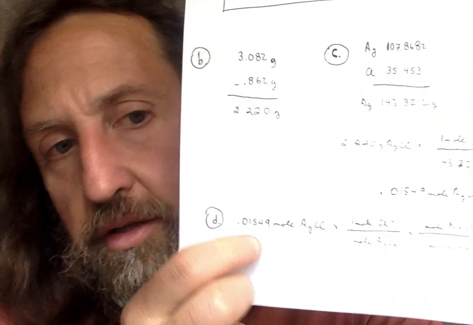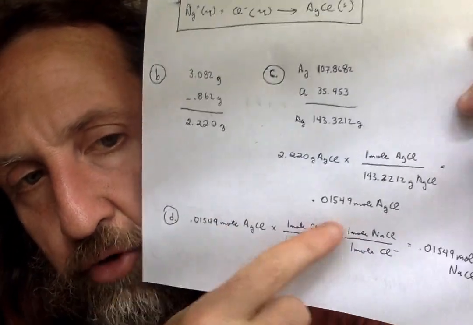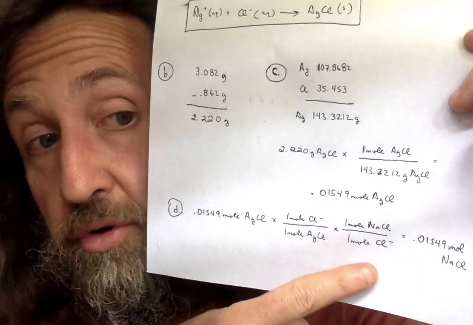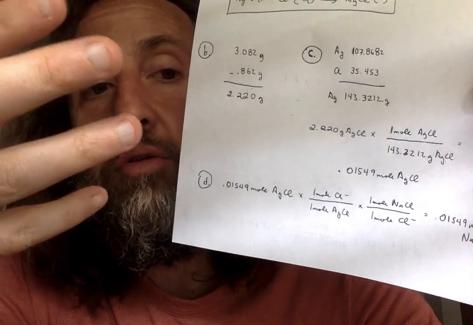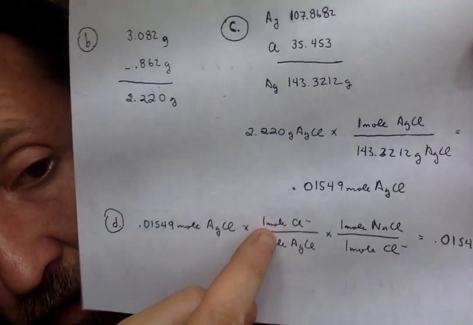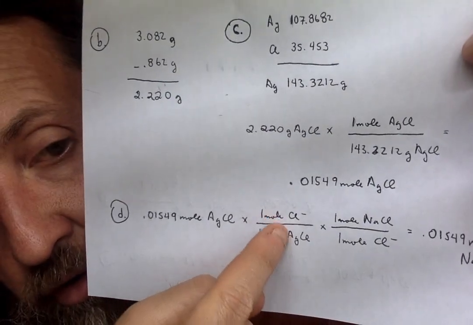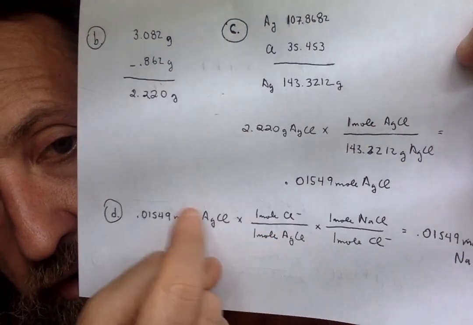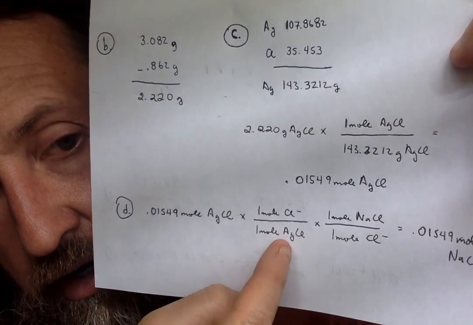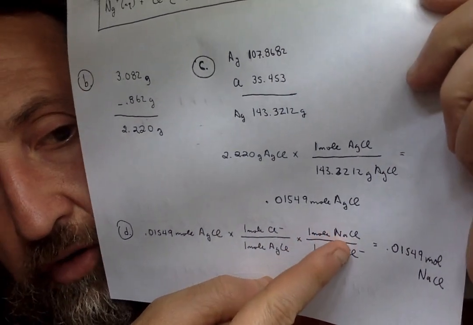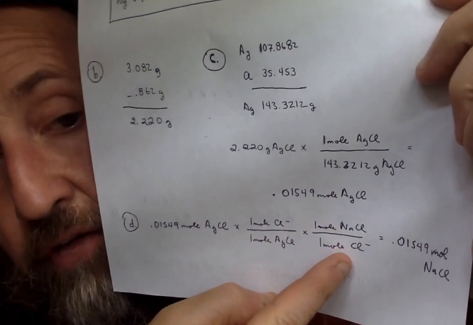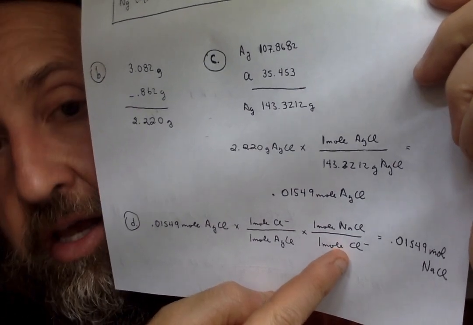And I want to switch it to moles of sodium chloride. When I do that, I take the moles of silver chloride. Now this is important, even though we know that it's going to be a 1-to-1, you need to show that there's 1 mole of chloride in 1 mole of silver chloride that gets us out of there and into chloride ions, and then in 1 mole of sodium chloride, we do have 1 mole of chloride ions.